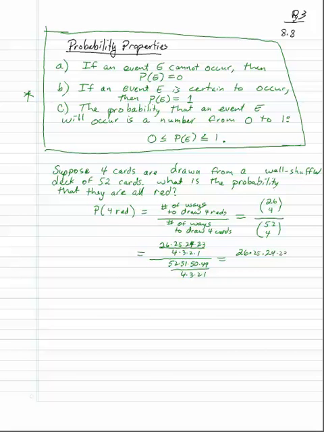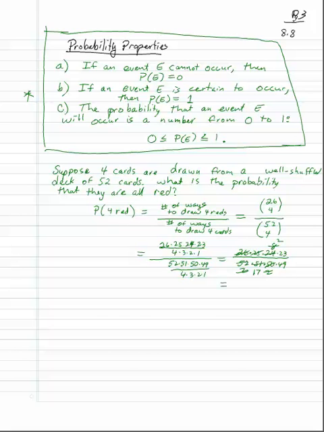Then 51 goes into it, I can get 3 out of that, and so on, which leaves 2.